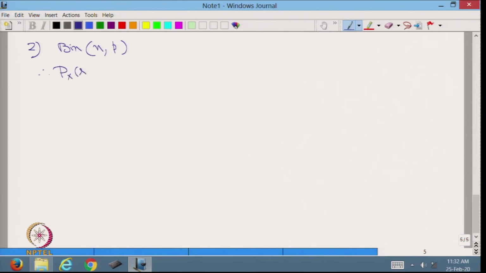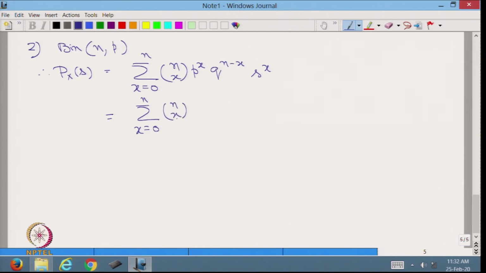Therefore, P_x(s) is equal to the sum over x from 0 to n of nCx p to the power x q to the power n minus x into s to the power x, which is equal to the sum over x from 0 to n of nCx (p s) to the power x q to the power n minus x, which is equal to (q plus p s) whole to the power n.